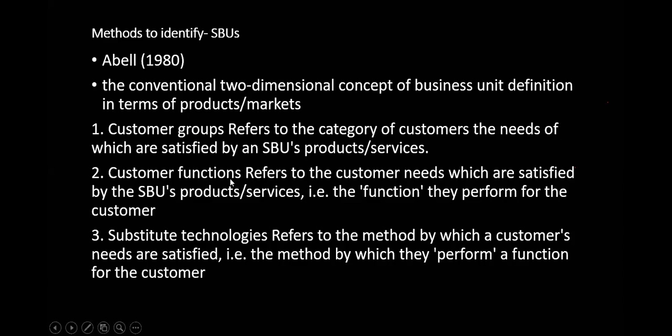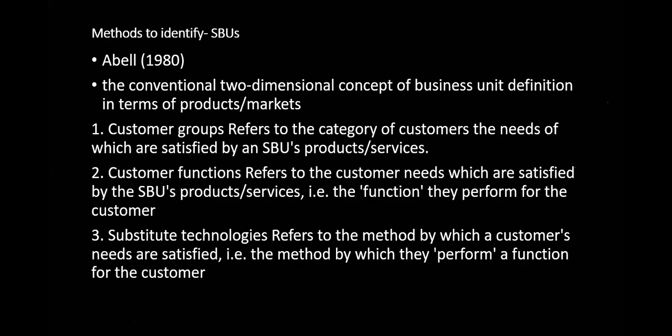Then the customer function refers to the customer needs which are satisfied by the SBU's products or services, the function they perform for the customer. For example, it may be transportation, it may be increasing office productivity. Depends. Now, when you take an aircraft, you might say transportation.